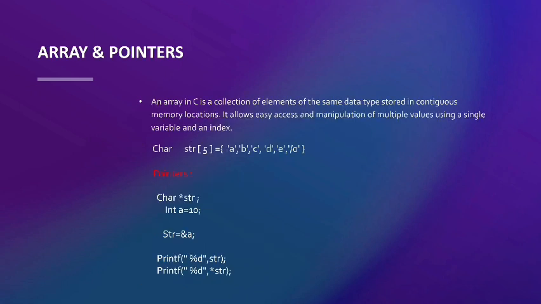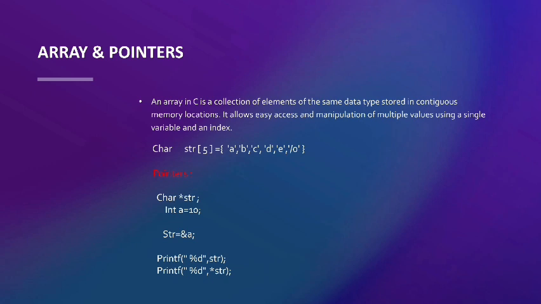Next we can see arrays and pointers, where an array in C is a collection of elements stored in contiguous memory locations. It allows easy access and manipulation of multiple values using a single variable and index.